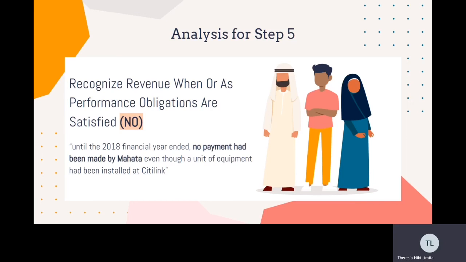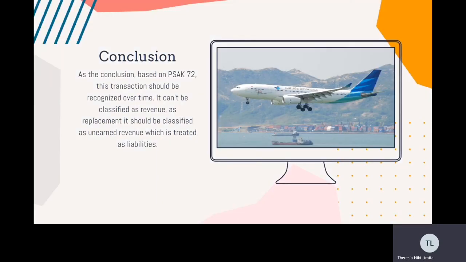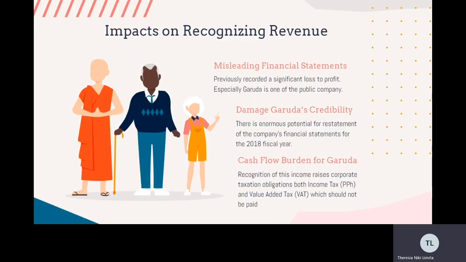So this cannot be classified as revenue for Garuda Indonesia since it wasn't paid yet. So the conclusion, based on PSAK 72, is that this transaction should be recognized over time. It cannot be classified as revenue, and as the replacement, it should be classified as unearned revenue, which is treated as liabilities.